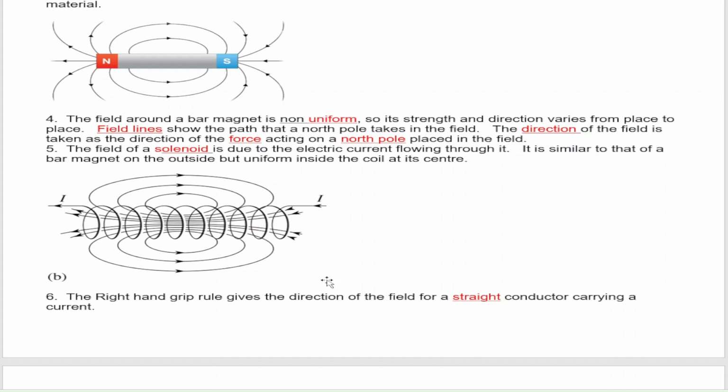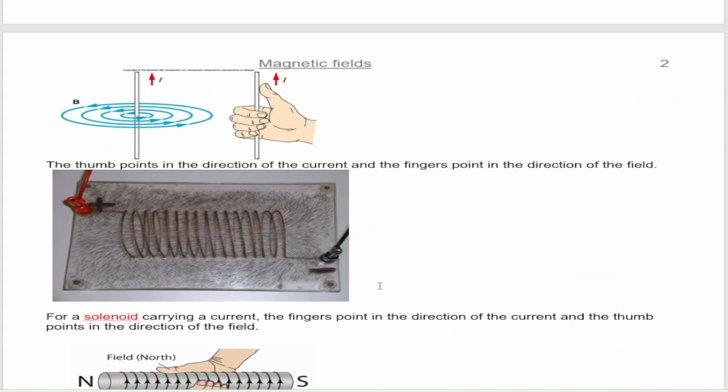Now, the right-hand grip rule gives the direction of the field for a straight conductor. So the thumb points in the direction of the current, and then the fingers curl in the direction of the field as shown there. So this shows the clockwise magnetic field, and then the current is being shown by the thumb.